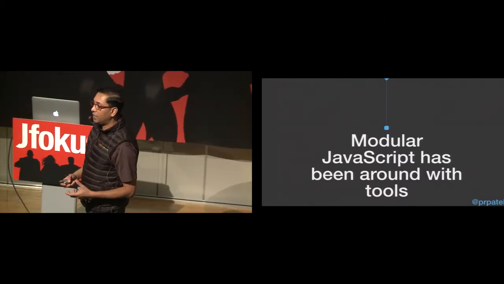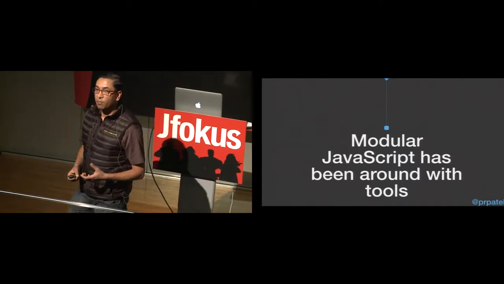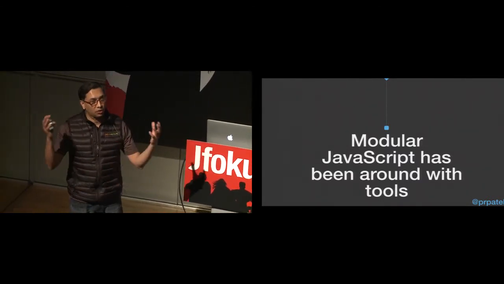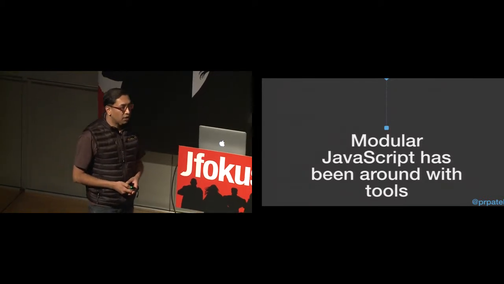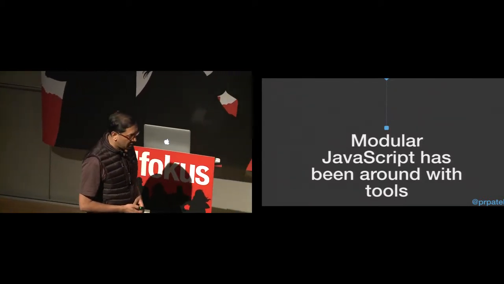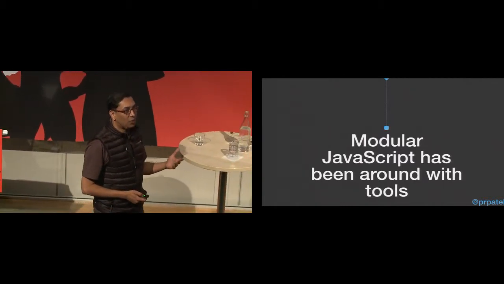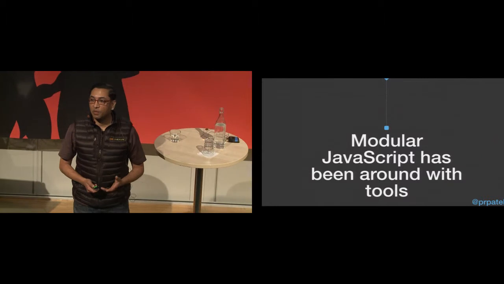We've had to apply all these different patterns to get proper scope safety and encapsulation within our JavaScript projects once our code base becomes sufficiently large and we need organization around it. So it's been around for a while, but we've been doing these hacks or tricks or best practices, whatever you want to call them, to be able to achieve this.